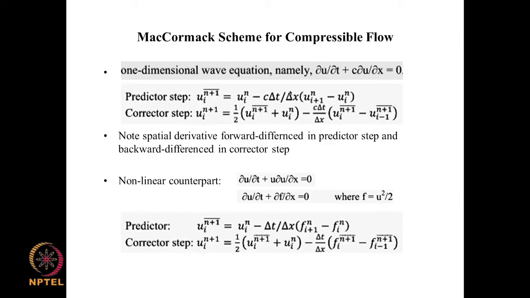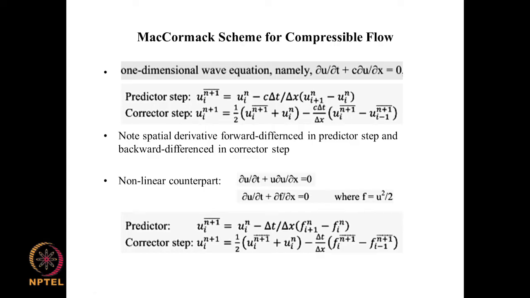If you look at this and this, the difference is that these are the old step values and these are the provisional step values, or the predictor step values, and here we used forward differencing and here a backward differencing. Taken together, we will get a central scheme in the case where you have no nonlinearity. In the case of nonlinearity, there can be some small differences.